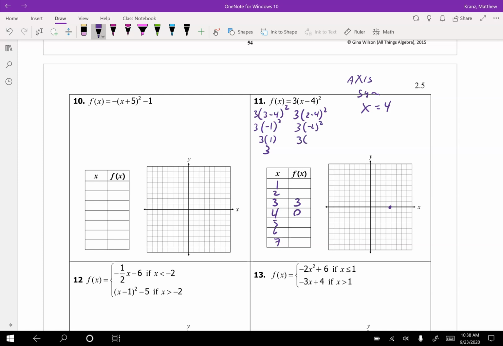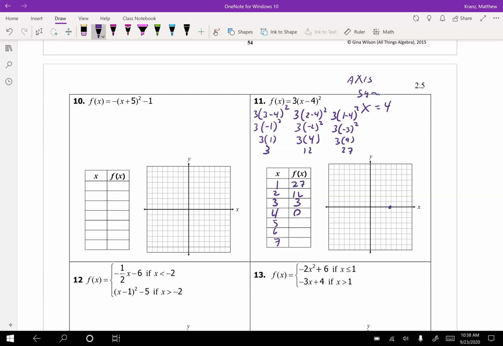So 3 times 4 is 12. Now when I have 1, it's 3 times 1 minus 4 squared, 3 times -3 squared, so 3 times 9 is 27.